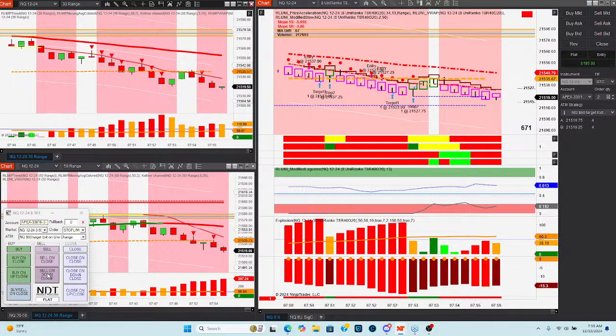Oh, it actually moved a little bit more than I thought it would.